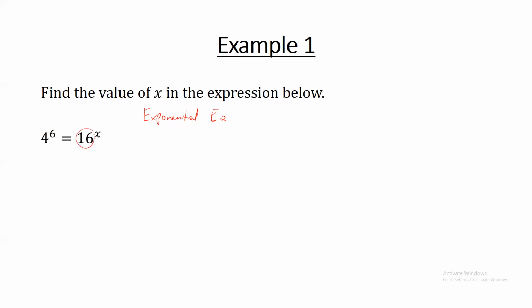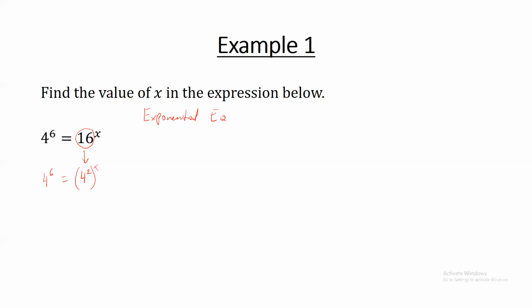16 as 4 to the 2nd power. The reason why you would want to use a 4 is because of this 4, right? 4 squared is 16. So what you have now is 4 to the 6th power equals 4 squared to the power of x, right? 4 squared is the same thing as 16.